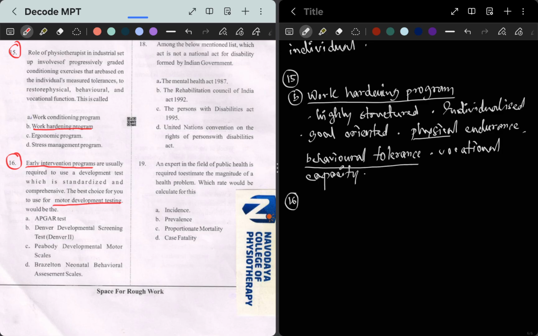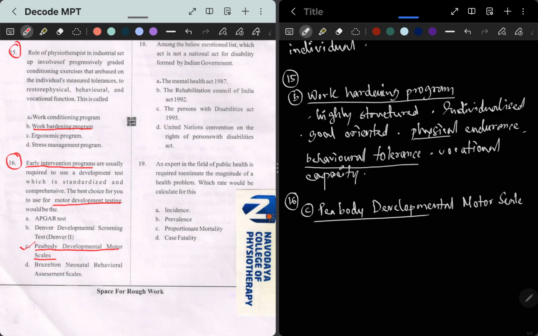That is the answer C, Peabody developmental motor scale.